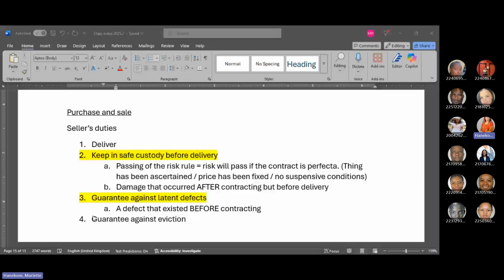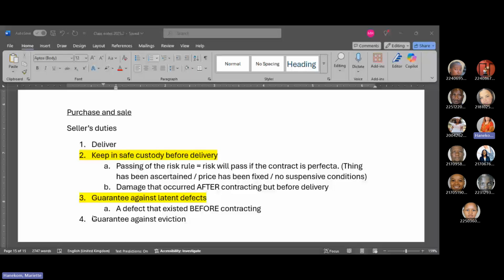And then the question is, who is liable for this damage? Benjamin as the purchaser or Ms. Kasutu as the seller? Issues that will be at stake here: did Ms. Kasutu keep it in safe custody or not? And did the risk pass to Benjamin? When will the risk pass? If the contract was perfecta. That's the one possible issue.